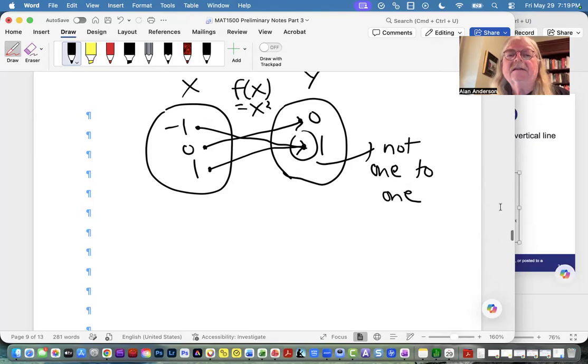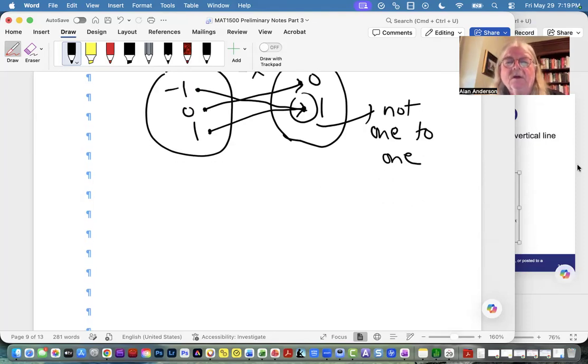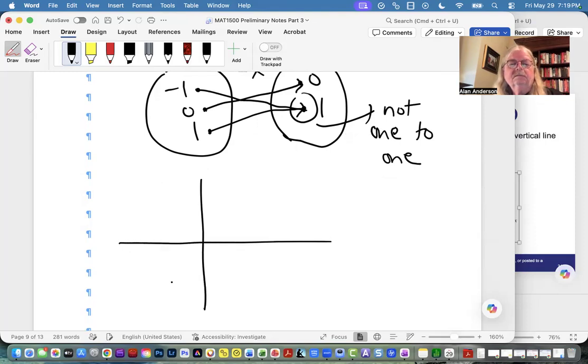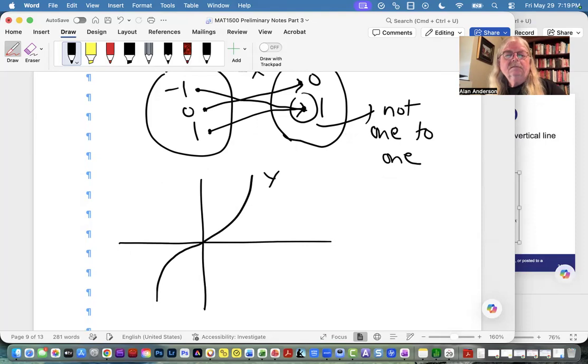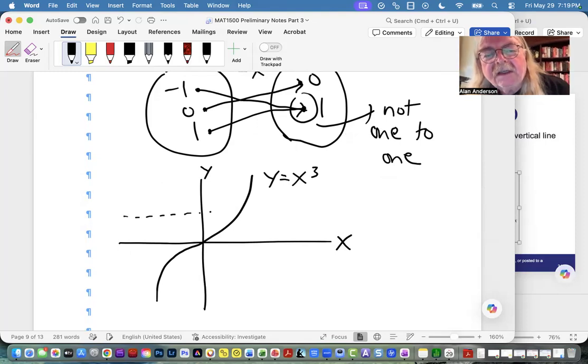On the other hand, here's a function that is one-to-one. No matter where I draw that horizontal line, it's never going to cross that curve more than once.